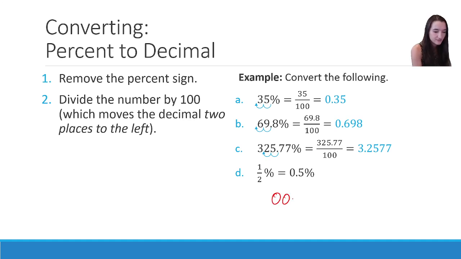Well, 0.5 is the same thing as 0.50. I can tack on as many zeros as I want there. So now when I move it over, it's going to make a little more sense. When I move that decimal over, I just plop that extra 0 in there to get 0.005. Okay?